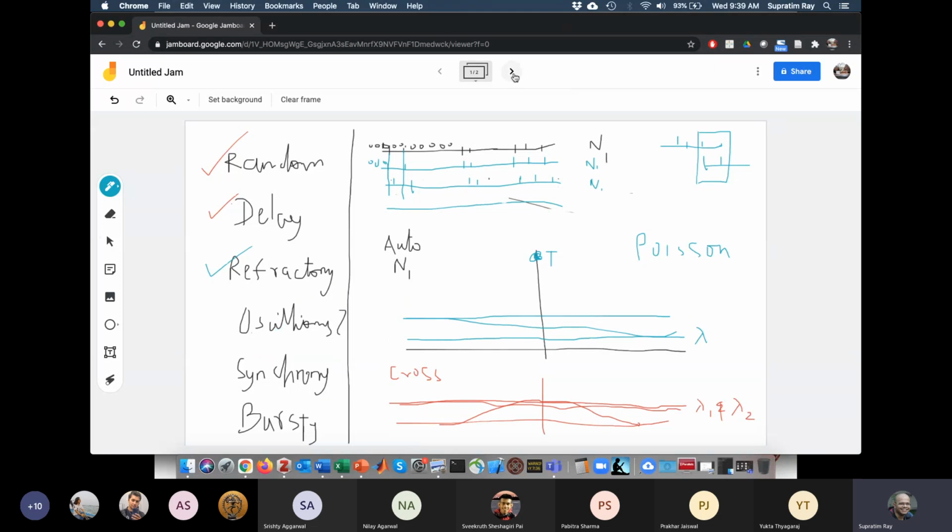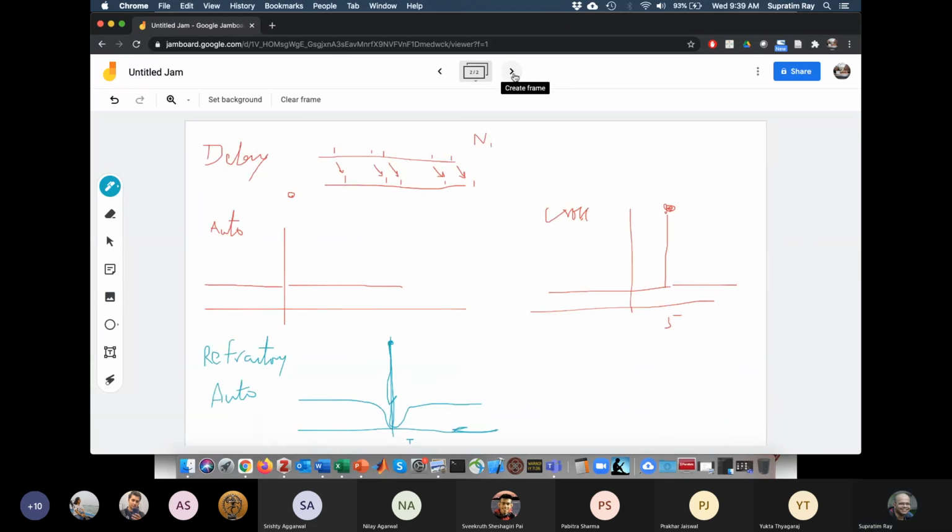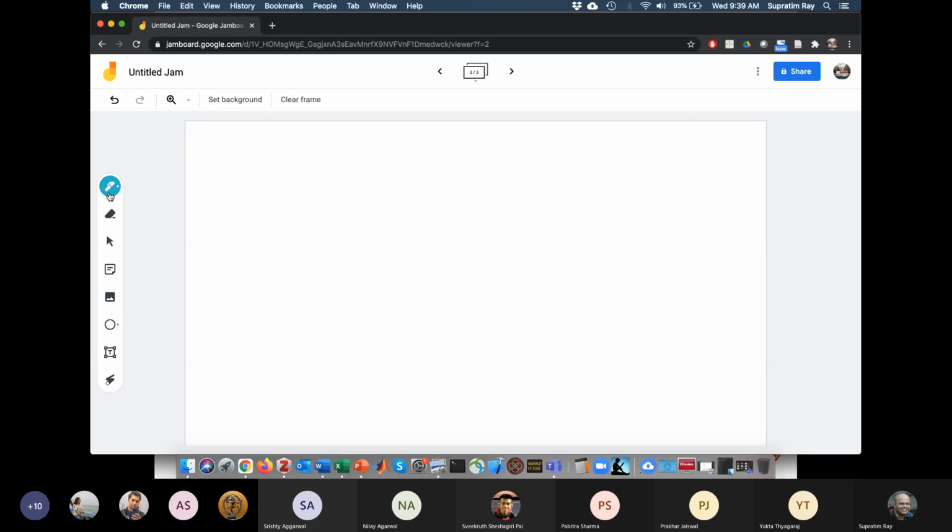Let's look at oscillations. Man, this is very hard to do with a mouse. Oscillations. Suppose a neuron tends to fire rhythmically, like so, every 25 milliseconds or so.